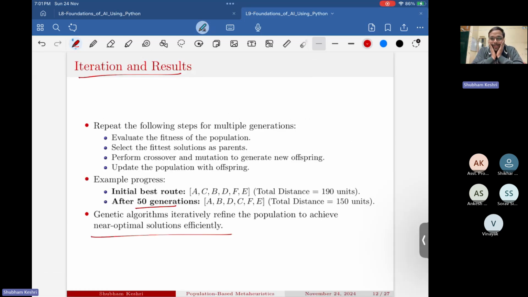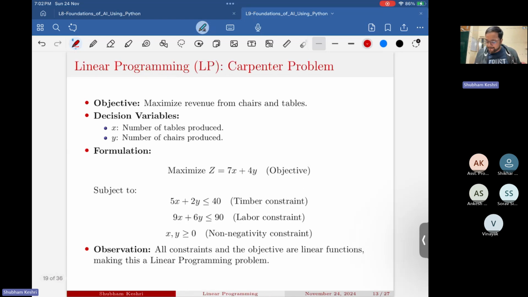Any questions on genetic algorithm? So we will take a 5 minute break and then we'll move on to linear programming and integer programming. All right.